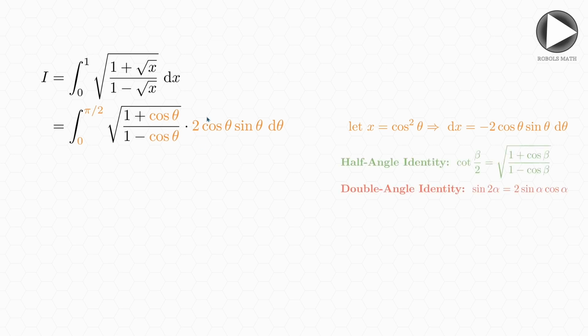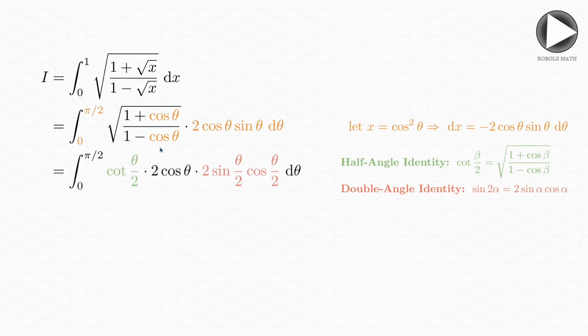If we use the cotangent half angle identity, we know that cotangent of beta over 2 is equal to the square root of 1 plus cosine beta over 1 minus cosine beta. So this first radical is equivalent to cotangent of theta over 2.